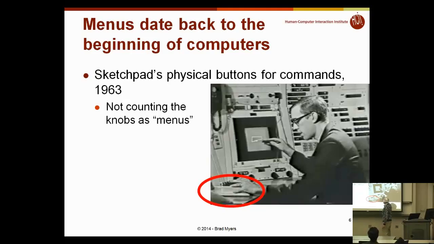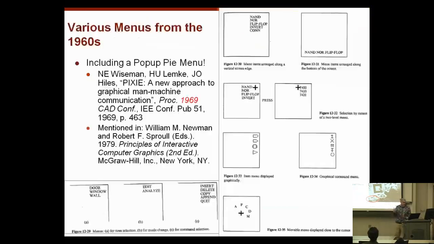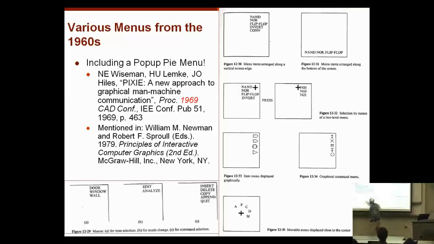I'm not counting the knobs as menus. Those are like sliders now, but the buttons certainly were. I went back to the oldest textbook I have on my shelf on graphics, which is the William Newman and Sproull textbook from '79. And it quotes this paper from '69 talking about a pie menu kind of technique.